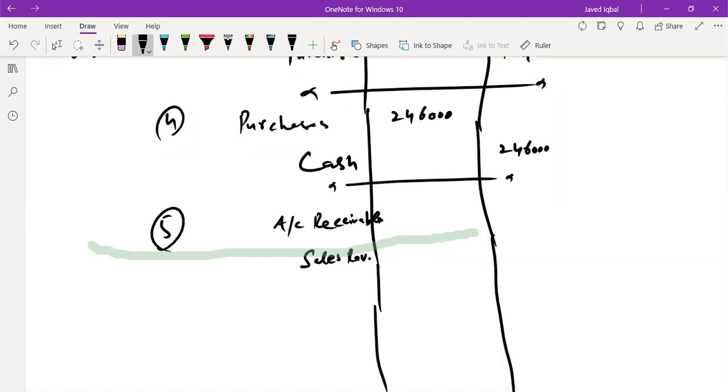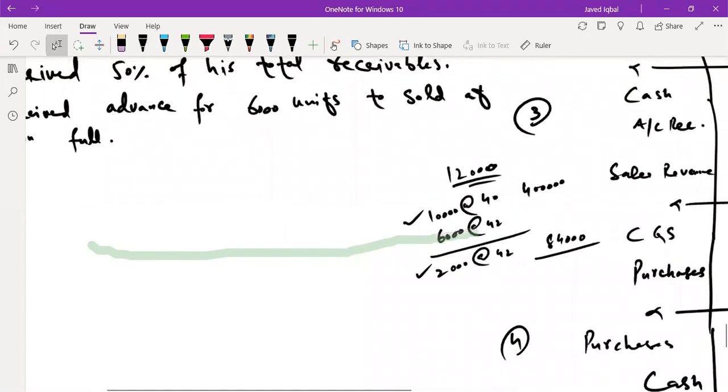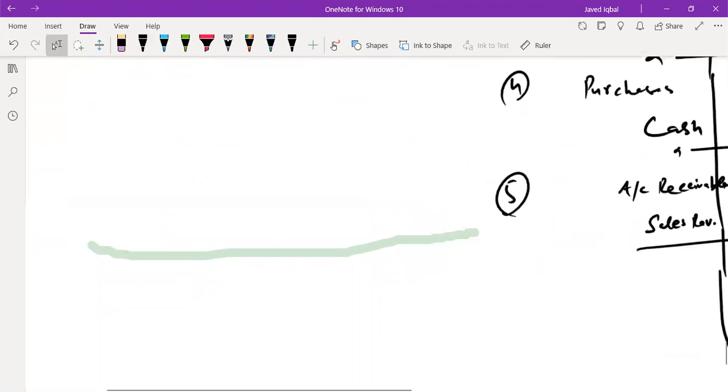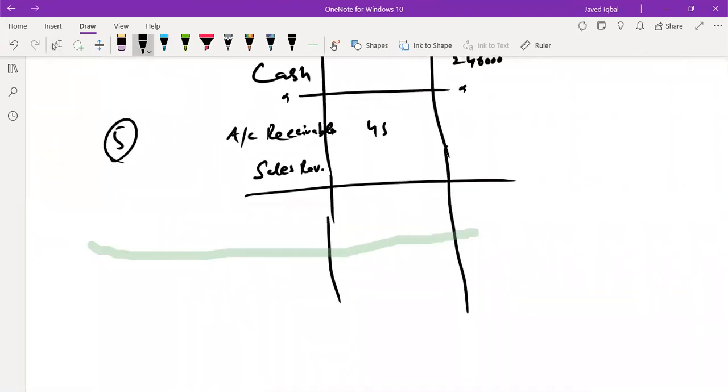So 9,000 at 50 becomes 450,000 debit and 450,000 credit. You also need to record the CGS.